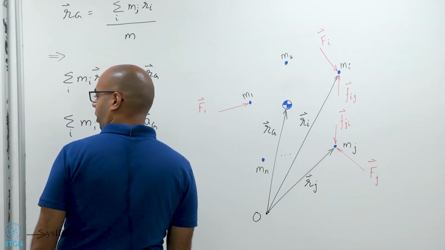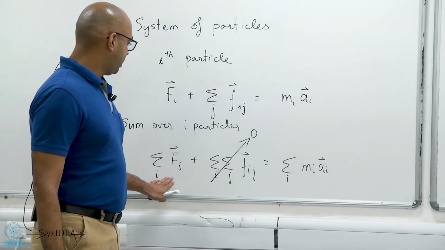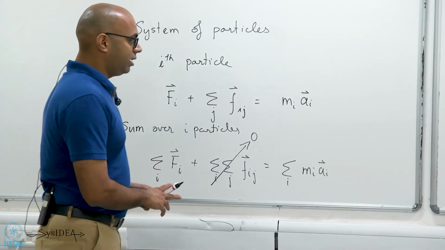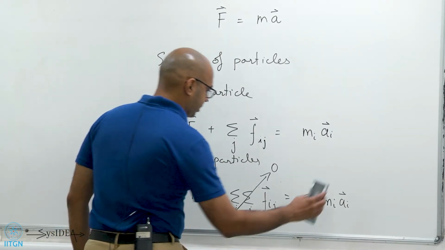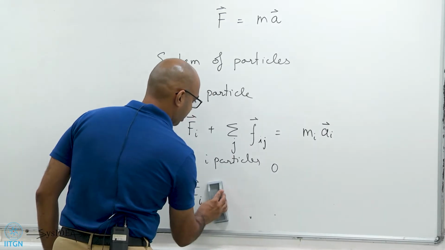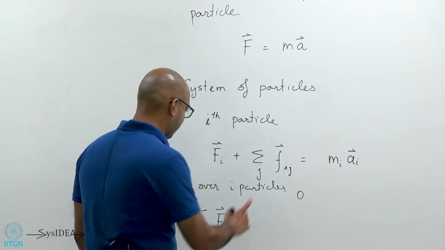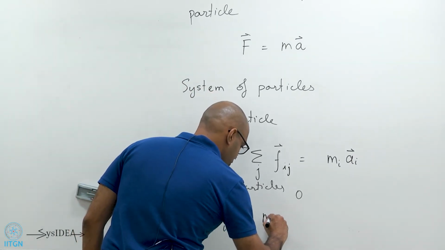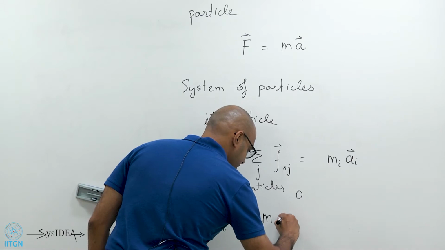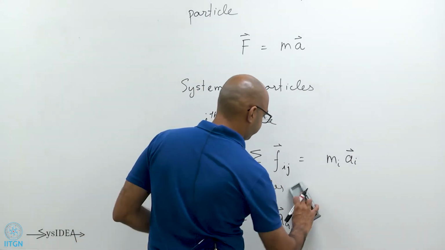Now if we come back to our system of particles expression, we get something much simpler. We can erase this, and the whole thing becomes: the sum of all external forces acting on the system of particles is equal to just the total mass of the system of particles times the acceleration of the center of gravity.